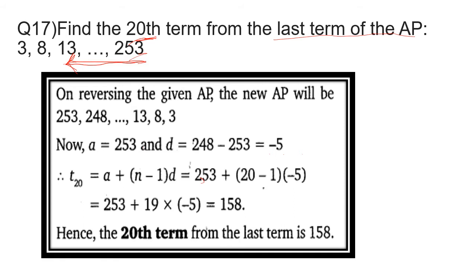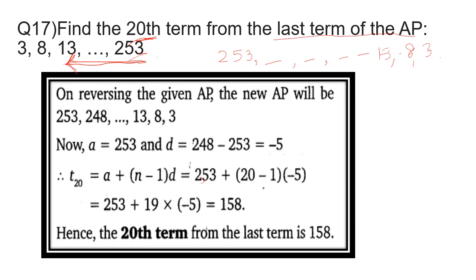Okay, so I will reverse the order, and if I have to find the AP from here, while moving like this, 13 will come here, 8 will come here, and 3 will be our last term. So what I have done is rearranged the terms, because in this question I have to find the 20th term from the last term.